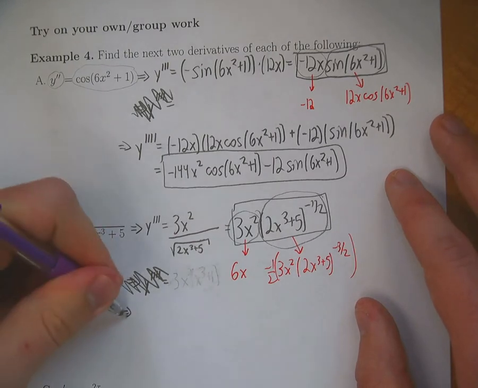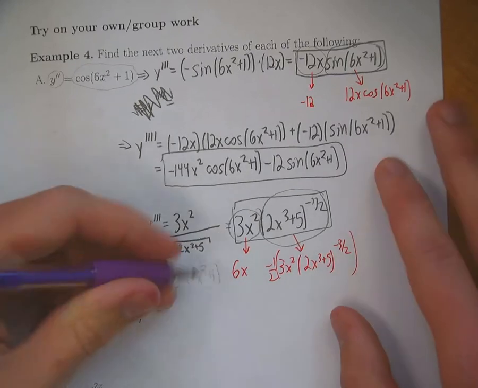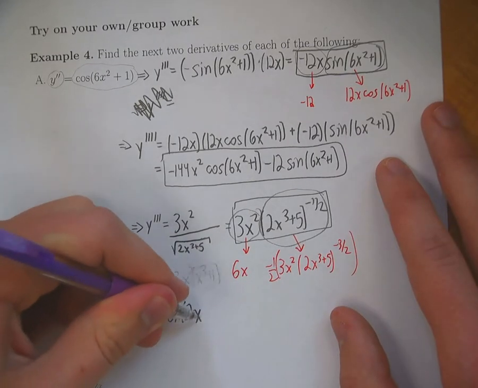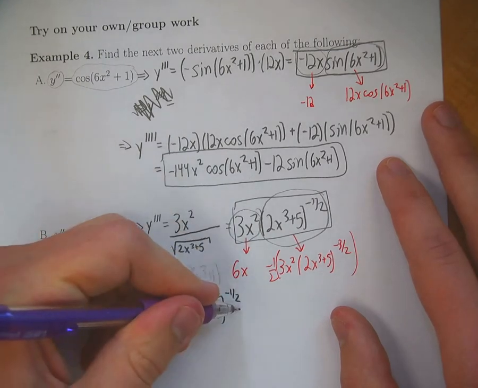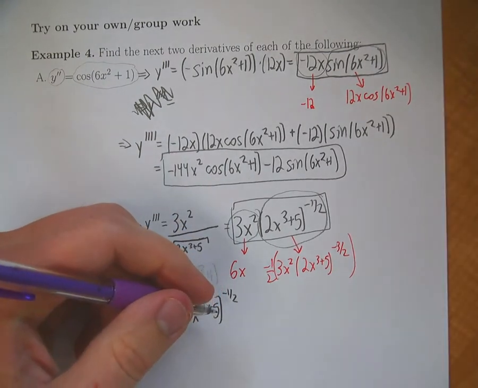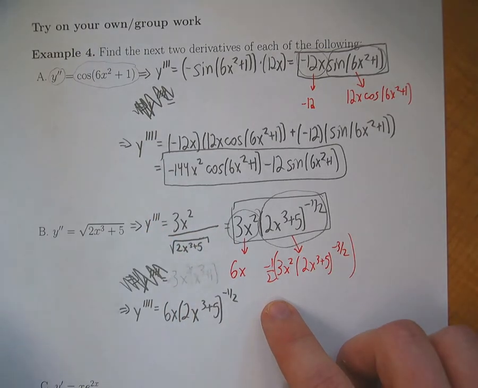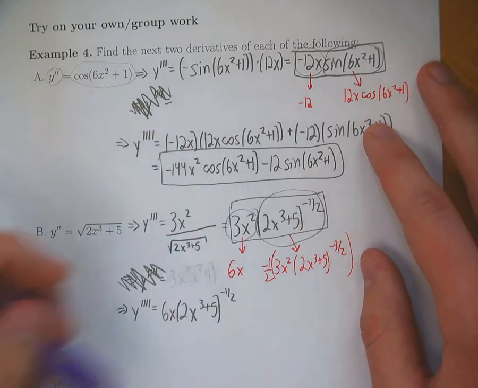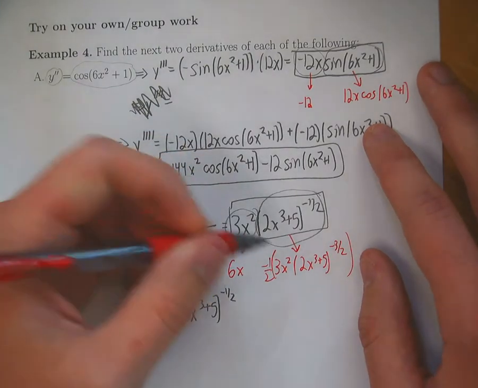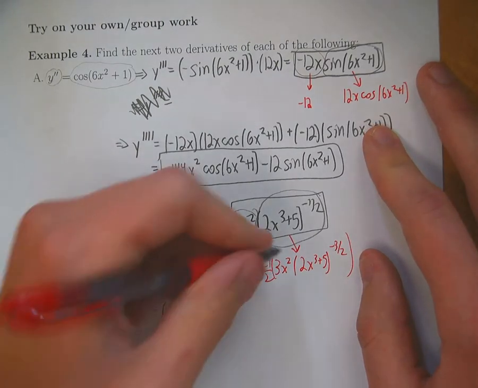So that implies that the fourth derivative is 6x times 2x cubed plus 5 to the negative 1/2. And then, let's see. Oh, wait a second. I just forgot the negative. It was supposed to be 6x squared. Yeah, it's supposed to be 6x squared.